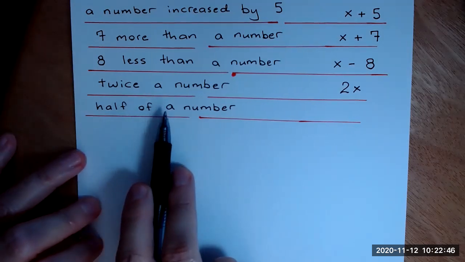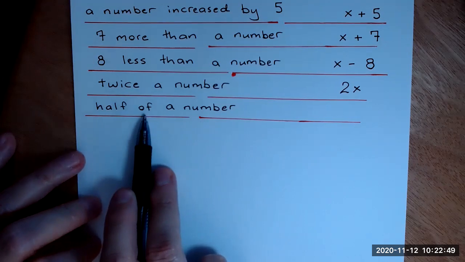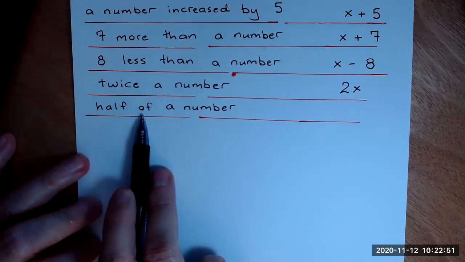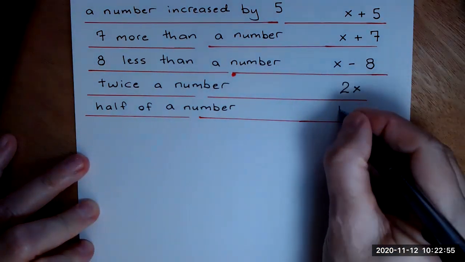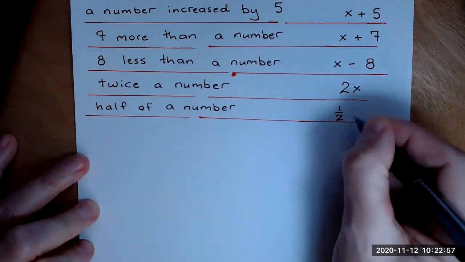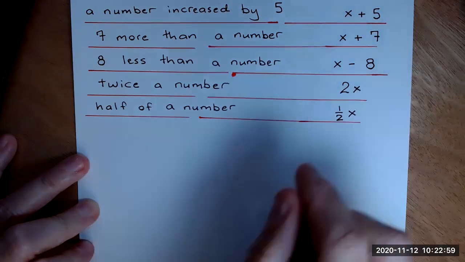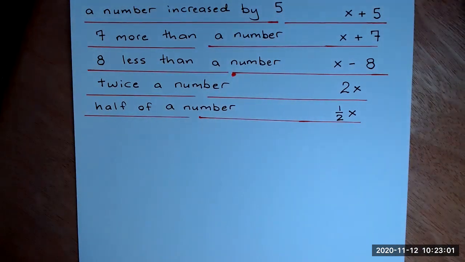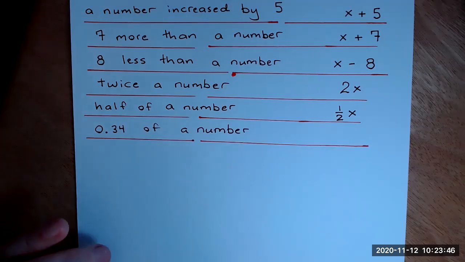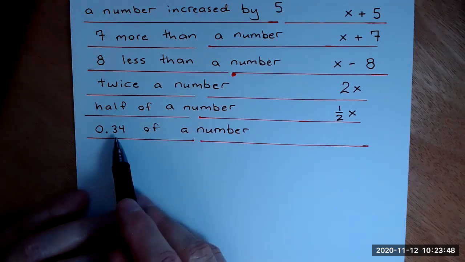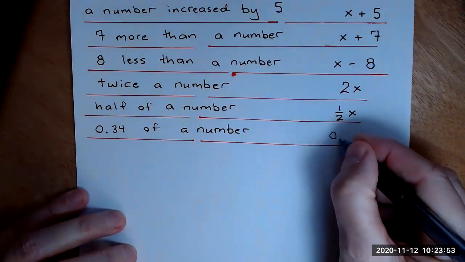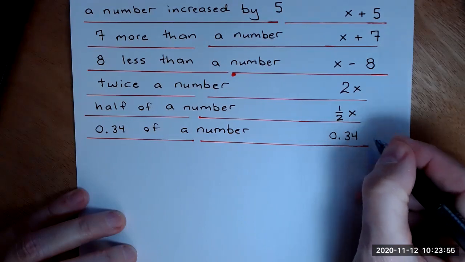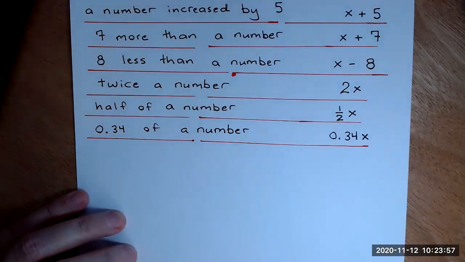Half of a number. So of usually means multiply. So you're just taking 1/2 and you're multiplying it times that unknown number. So if you saw 0.34 of a number, that would just be 0.34 times the number.